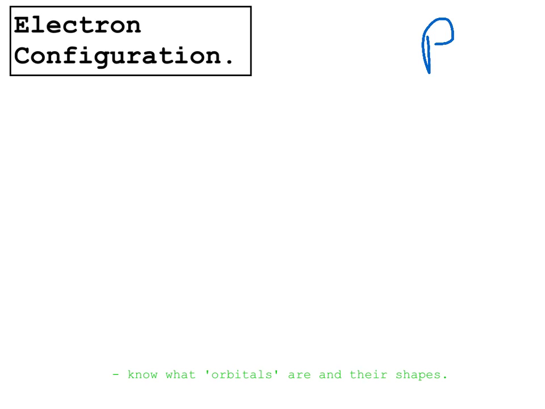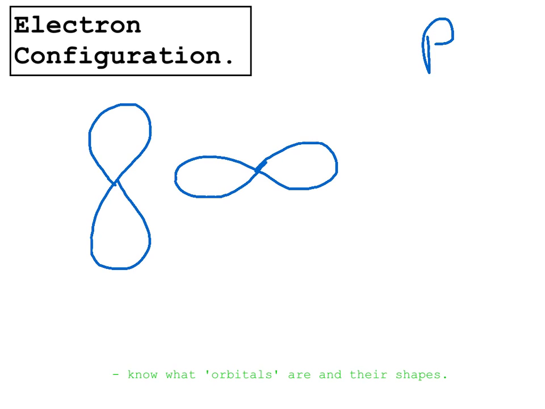For the s orbital there's only 1 in one shell. The p orbitals are dumbbell shaped, like so. You'll get 1 in the x-axis, 1 in the y-axis, and 1 coming out at you in the z-axis. They're all that shape, but they're just in different alignments on the atom.